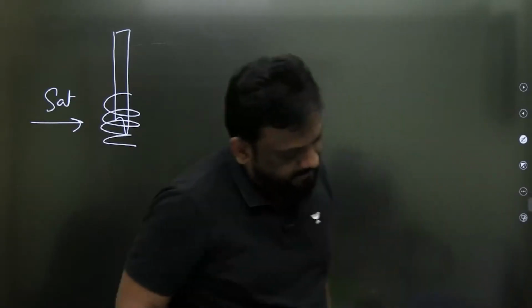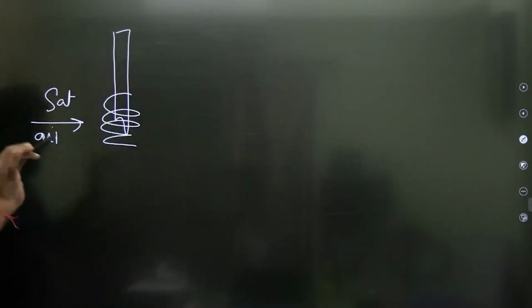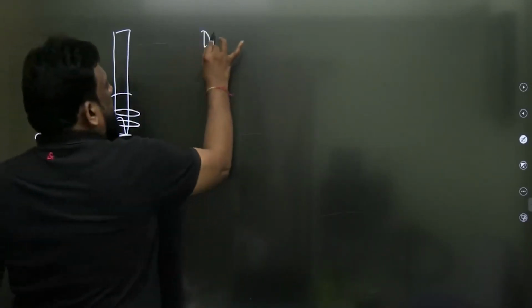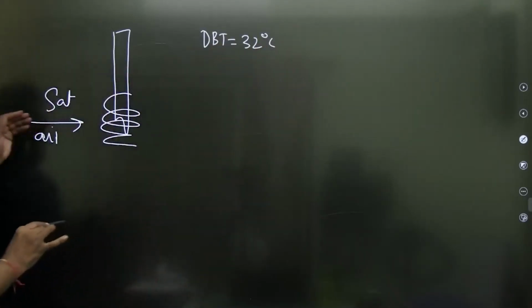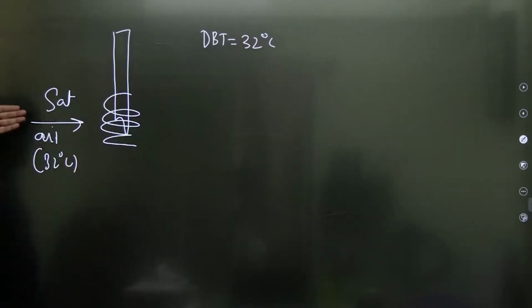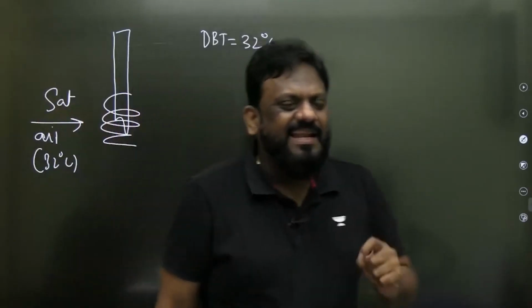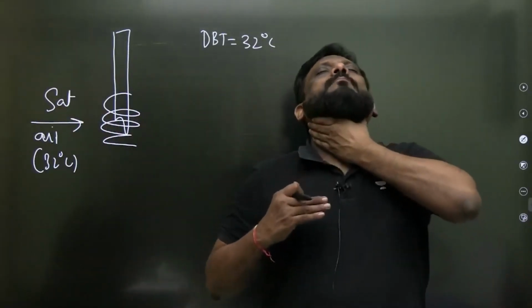Okay, sirs? Now, let us assume that saturated air is flowing. Let the dry bulb temperature be some 32 degrees centigrade. Let us say the saturated air has a temperature of 32 degrees centigrade. Now saturated air is flowing. Now you tell me, is there any chance for air to absorb moisture? Already it is up to saturation.